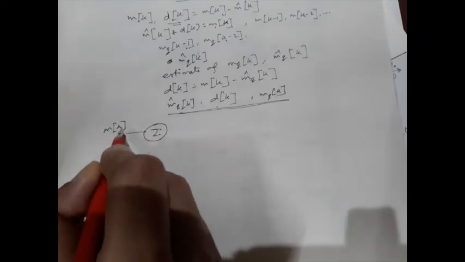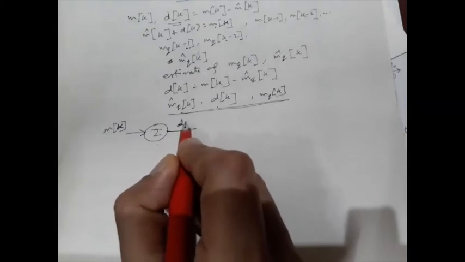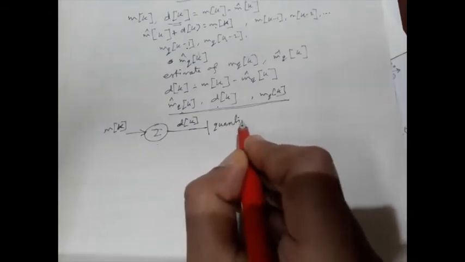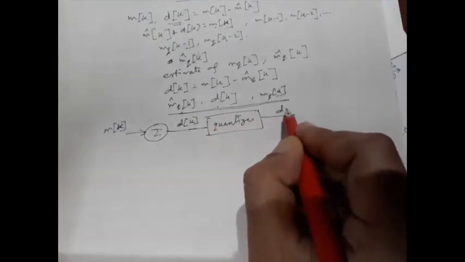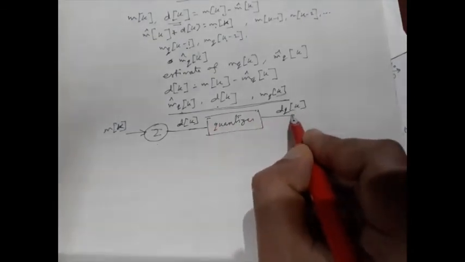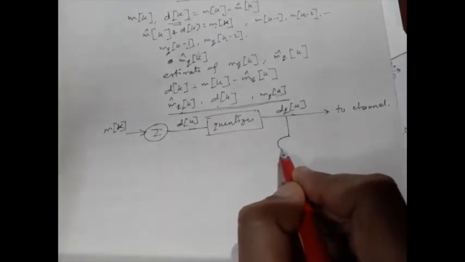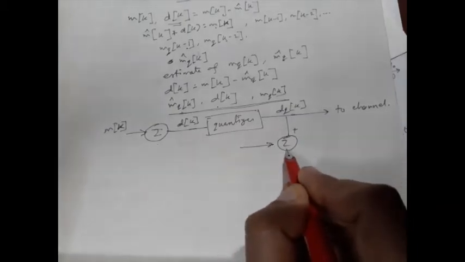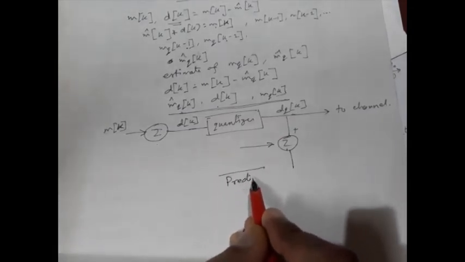This is the message. We have a quantizer. Quantizer will produce the quantized version of this D, and that will be transmitted. Now in a feedback loop, we have a predictor.